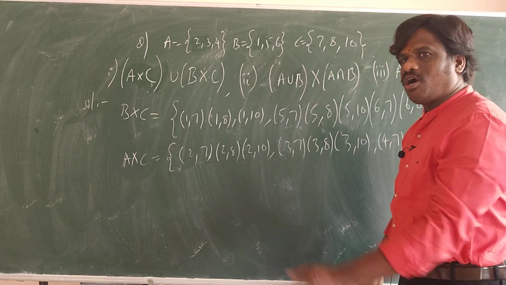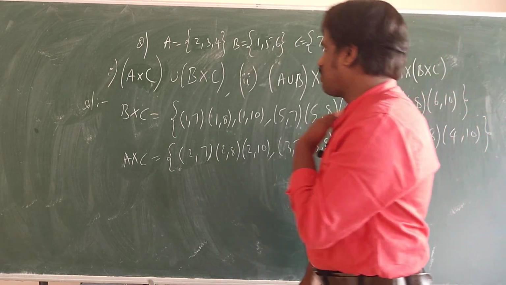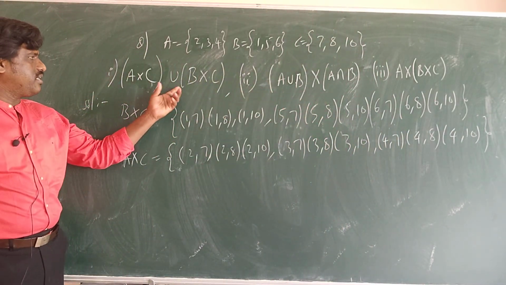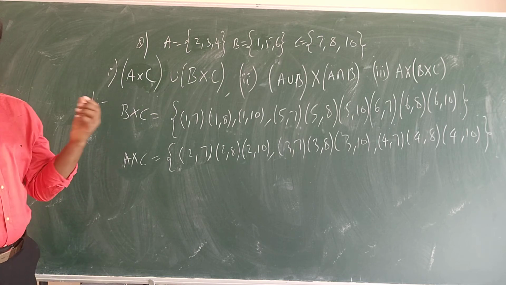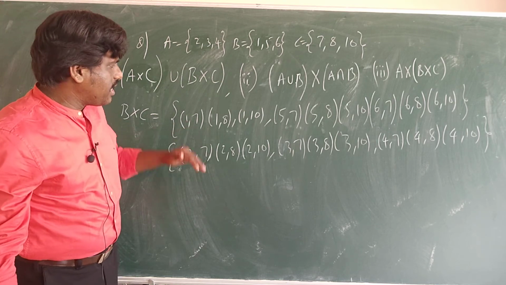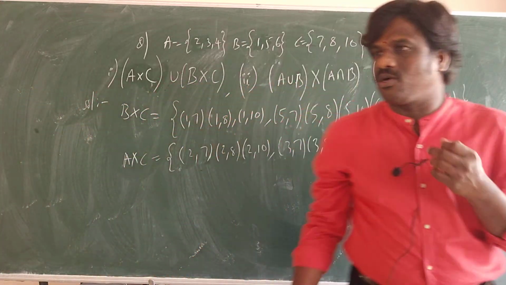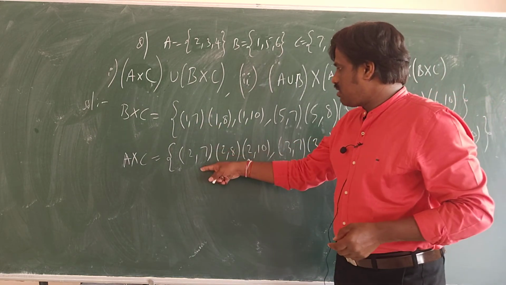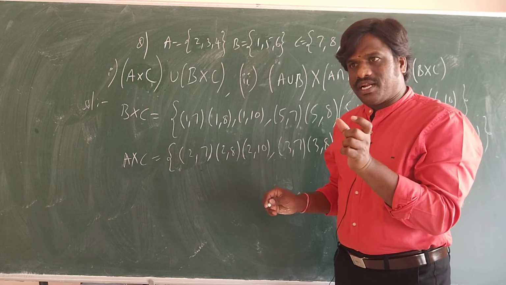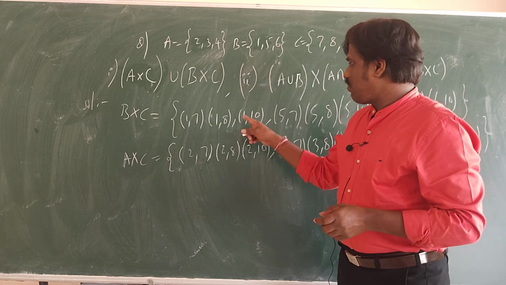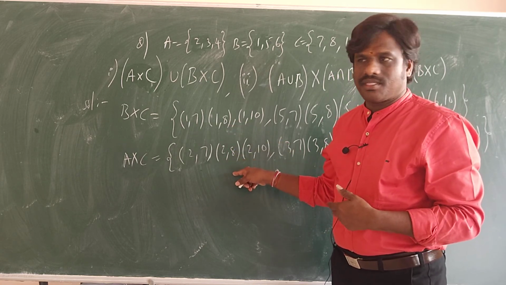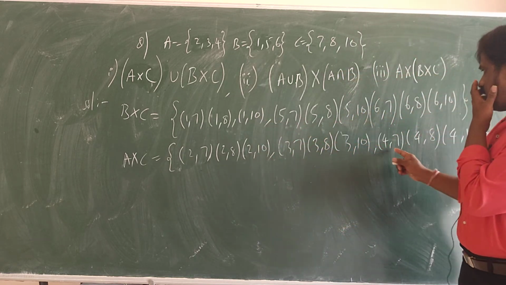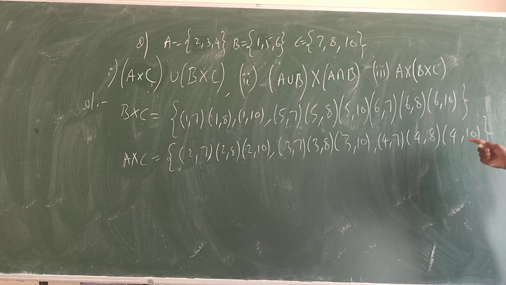Union means all will come. Suppose in this question intersection is there. Suppose for the time being I take intersection. If it is intersection, we see what common elements are there. The ordered pair should be the same, like 1 8 here also 1 8. 1 10 no, 5 7 no, 5 8 no, 6 7 no, nothing is there.